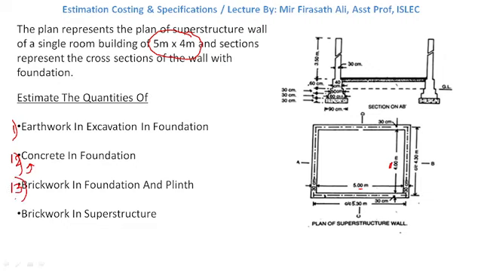The third step is brickwork in the foundation and plinth. What do we call plinth? Whatever the area is below the ground level, we call it plinth. It is from the ground level to the foundation.